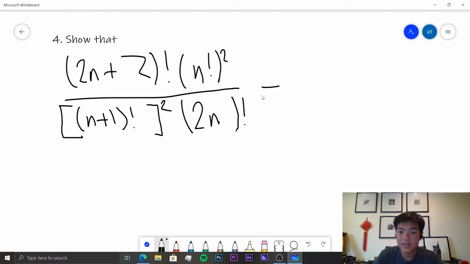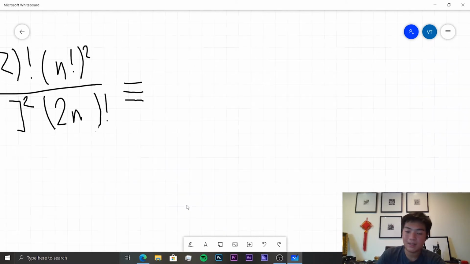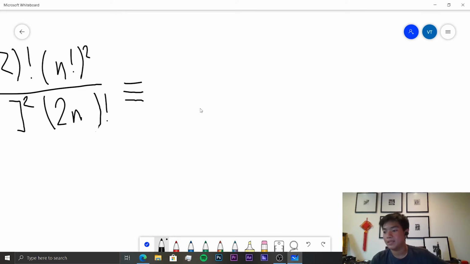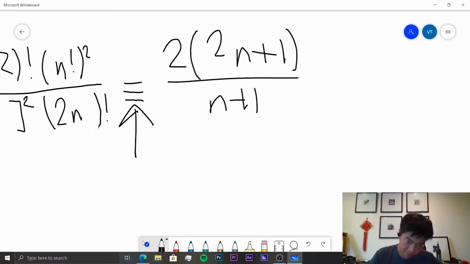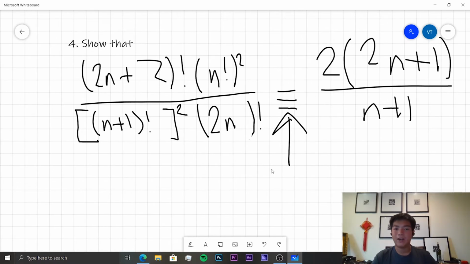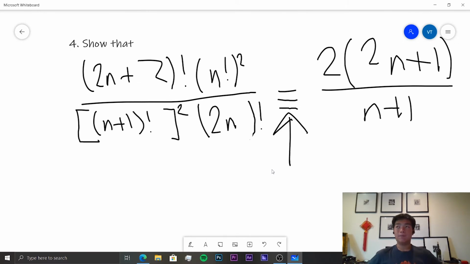And we need to show that this is always equal to, which we use the identity sign for, and I'll talk a bit about the identity after, 2 times 2n plus 1 divided by n plus 1. So what the identity sign means is that this is true for all values of n, regardless of what n actually is.